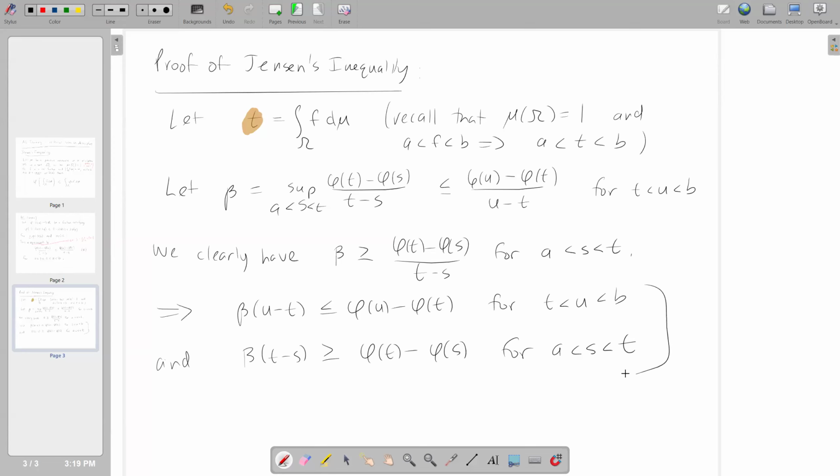I want a uniform statement because you can see there's an obvious symmetry here. But if I want to combine these, then what I need to do is flip one of these around.